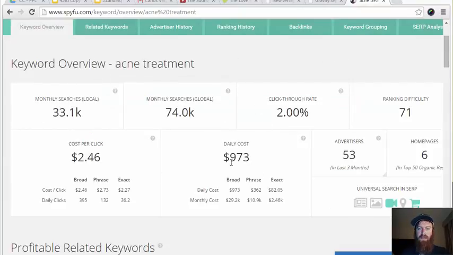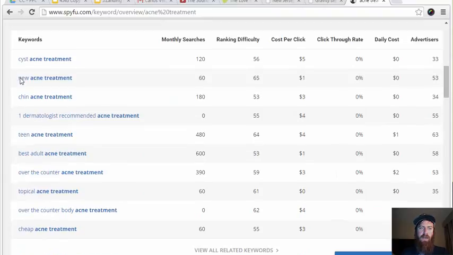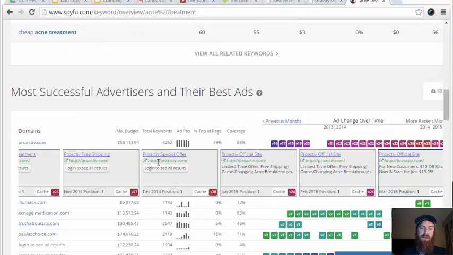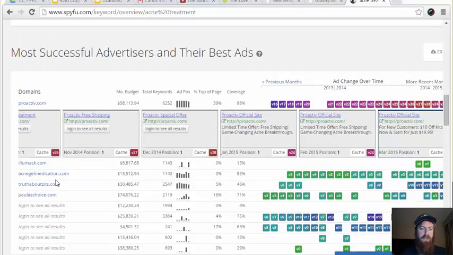So we get an idea of the search volume, all that stuff. It has obviously a lot of other keywords. This is good in targeting. But what we really want to see is who else is advertising on these terms. Now, obviously, you can just Google it yourself and see what advertisers pop up. But you can also use SpyFu.